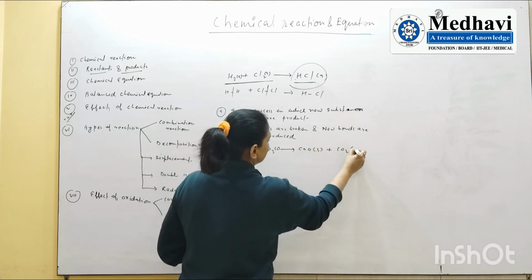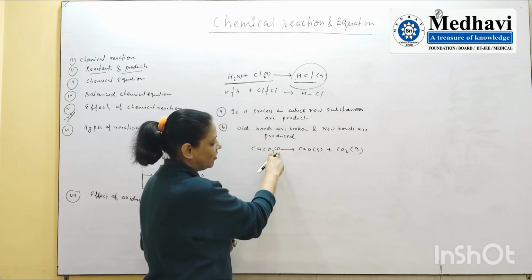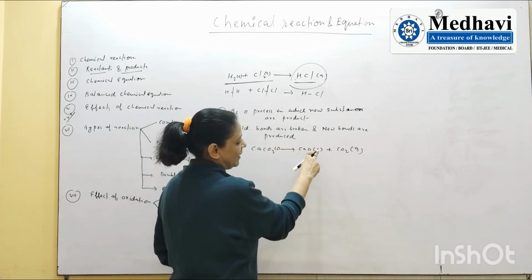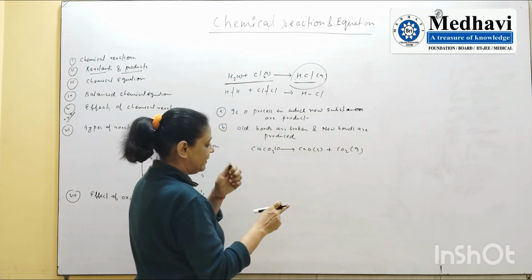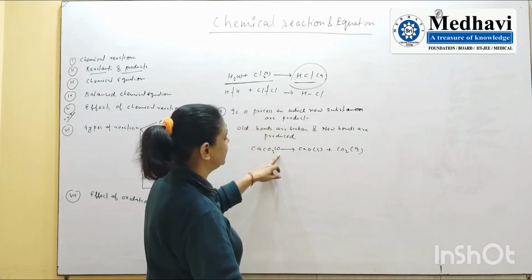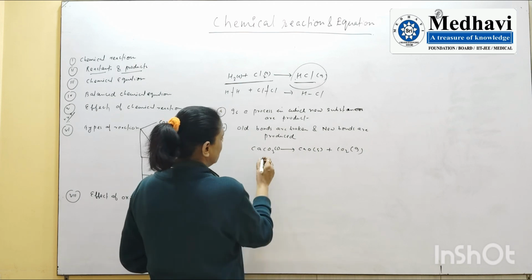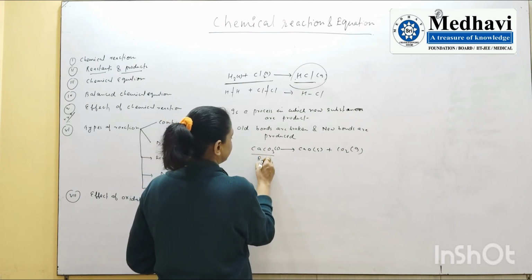Here I am writing the state of the reactant. Calcium carbonate is present in the solid form, calcium oxide, that is quicklime, is present in the solid form, and carbon dioxide is present in the gaseous form. So I have written the state. This state is going to be very, very important. I will explain how.